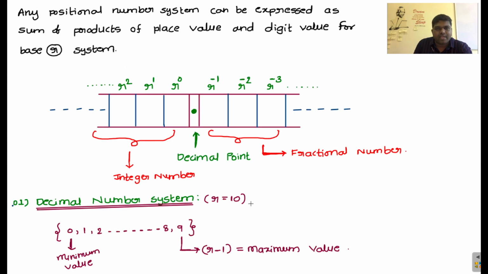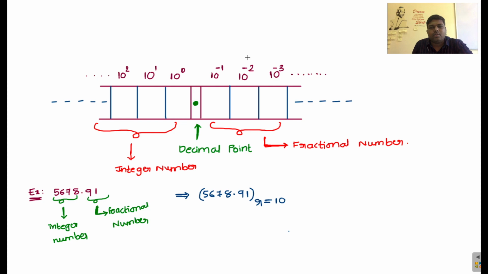Already we have the statement: any positional number system can be expressed as a sum of products of place value and digit value for base R system. So here you can observe, this is your number, this is in the first position, and this is in the second, third and fourth position.